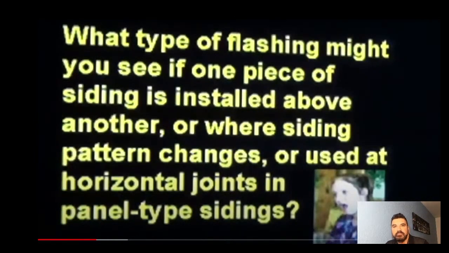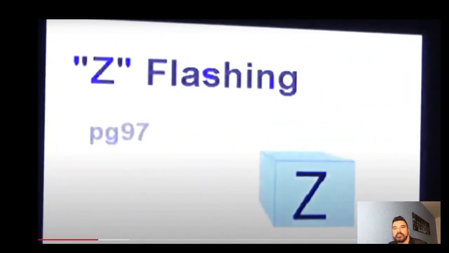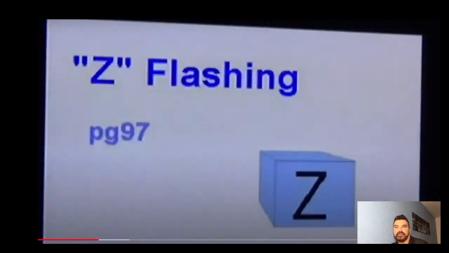What type of flashing might you see if one piece of siding is installed above another, or where siding pattern changes or is used at horizontal joints in panel type sidings? Doesn't get shorter than Z, does it? Z flashing, found on page 97 in your materials, is the optimal answer.